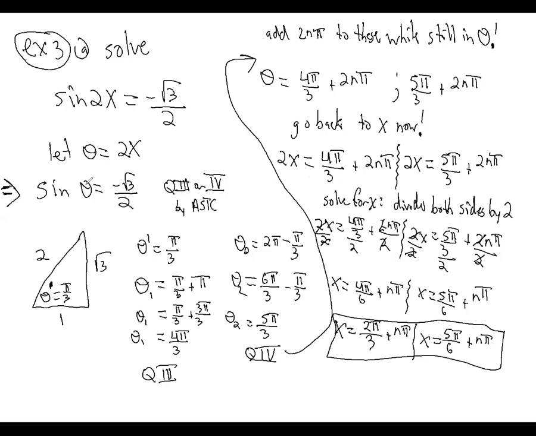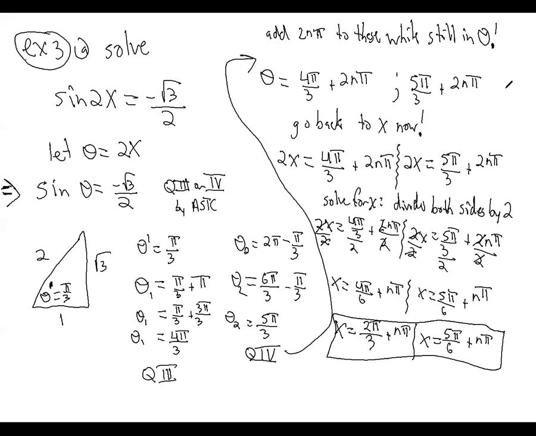What matters is there's no number in front of this now, which means we can go to this reference triangle, find the solution to that, put it in the appropriate quadrants, which gives us the solution in terms of theta. But we have to make sure we add the 2n pi because this 360 degrees is related to the solution in theta, not the x.